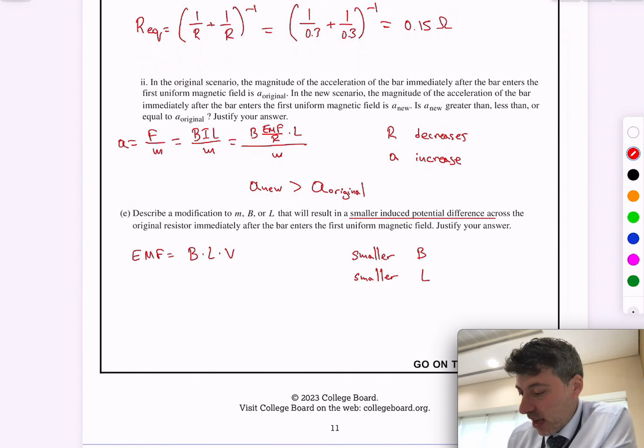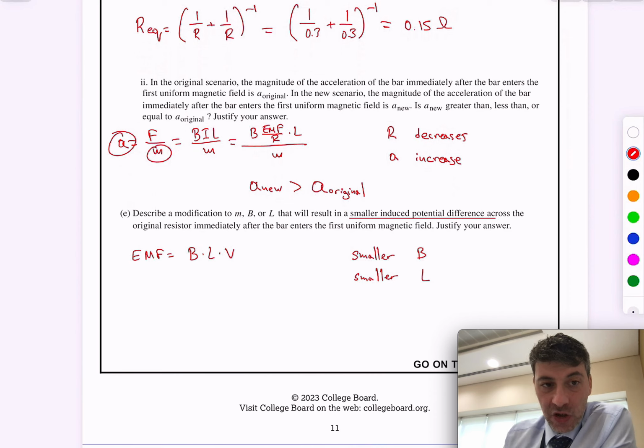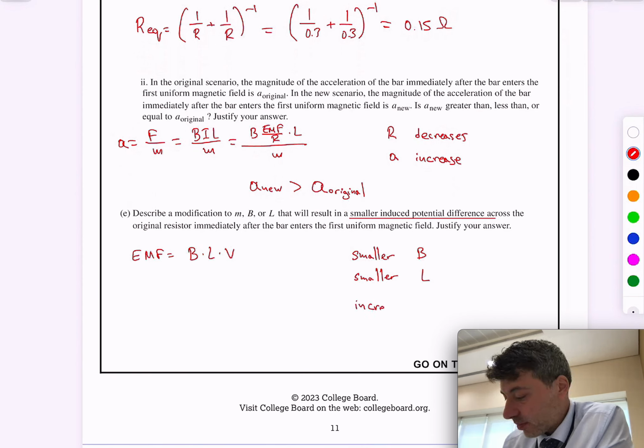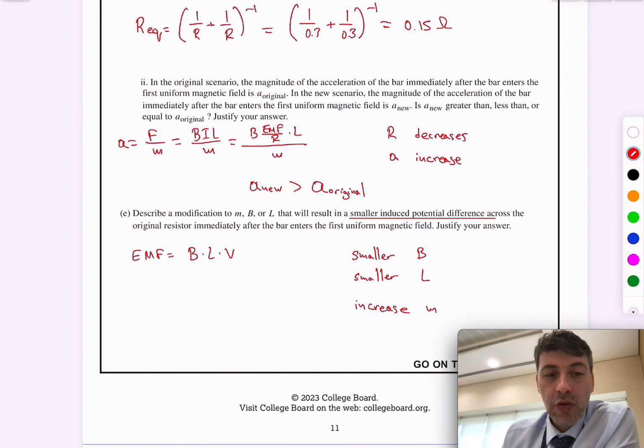So if we change the mass, this will change the acceleration, and we want a smaller potential difference, so we need a smaller acceleration, so probably we need to increase the mass in order to produce a smaller acceleration, and a smaller acceleration will actually bring a smaller EMF.